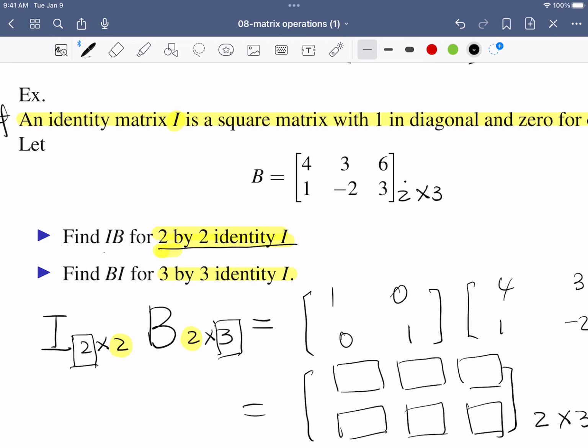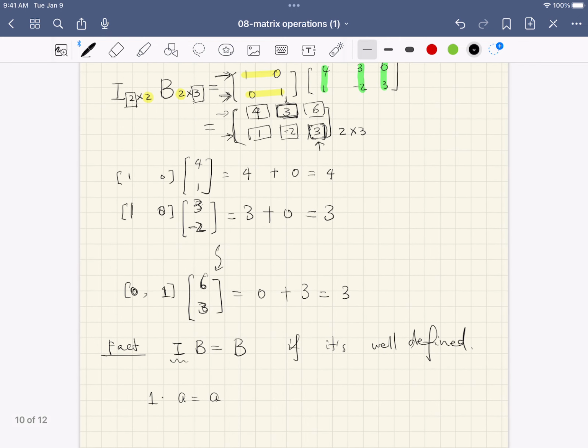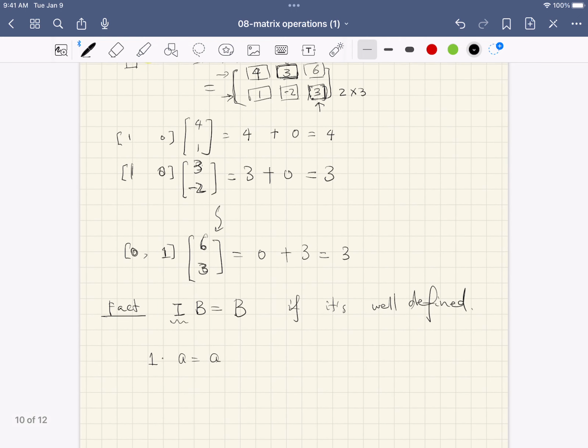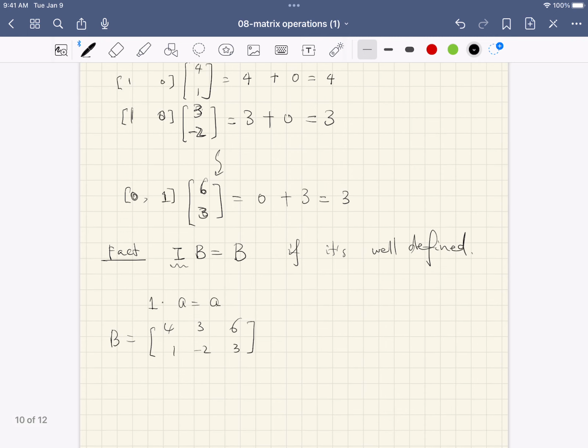Now find BI for the 3 by 3 identity matrix. B is 4, 3, 6, 1, -2, 3. And for the 3 by 3 identity matrix, this is 1, 1, 1 on the diagonal and 0 elsewhere. And then we want to do BI. First, we look at the shape.